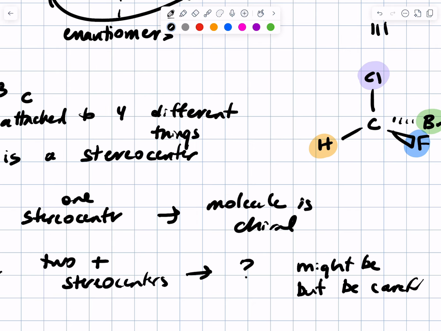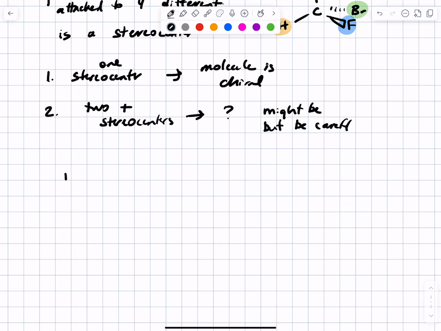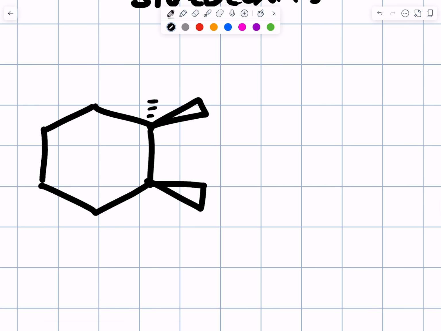Let me give you an example of a molecule that might be chiral or not, depending on its 2 stereocenters, but be careful. Here's the molecule that we saw before. Let's look at carbon 1 and carbon 2. Is carbon 1 a stereocenter?